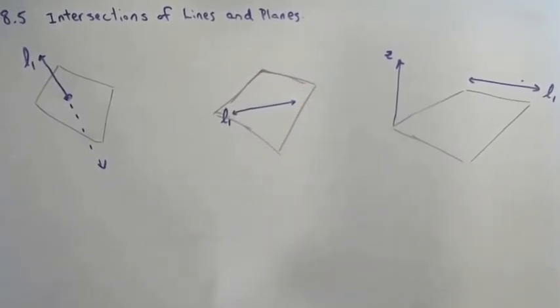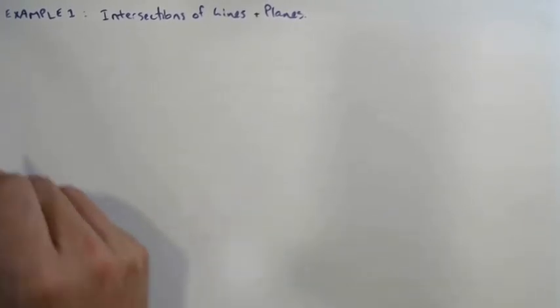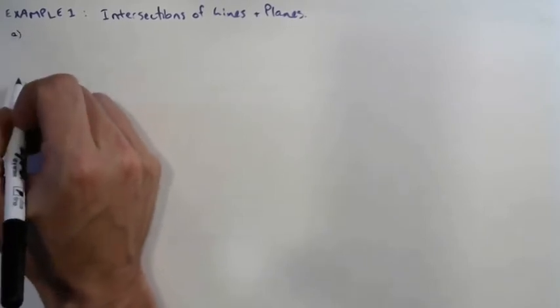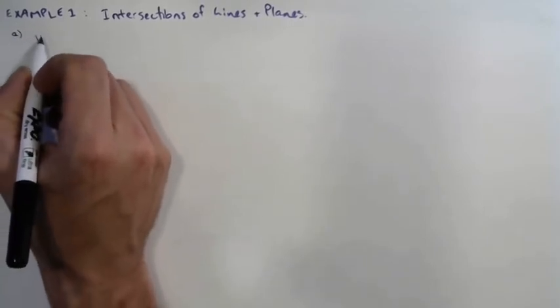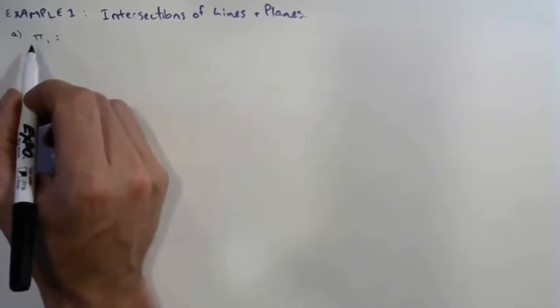Here we go. So in example 1, we're going to experience all 3 of these possible interactions or non-interactions between a line and a plane. We're given in A, there's going to be A, B, C, I'm just going to write A for now, the equation of a plane. Now you see the pi symbol here.